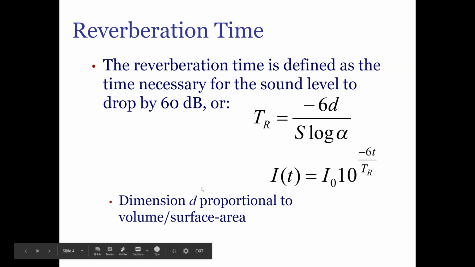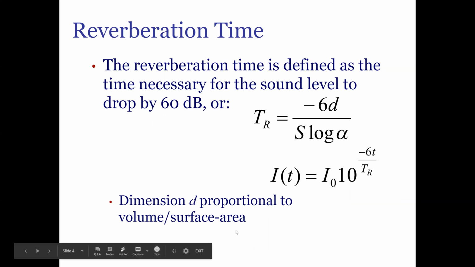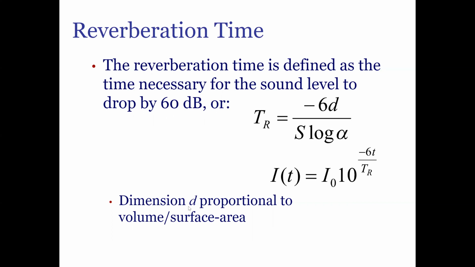What this means is we can look at the influence of our volume or surface area, trying to keep all these other things constant, but it's really this ratio that determines it. So if you could somehow keep the same surface area in a room, but increase the volume of the room, that would make the D larger and it would increase your reverb time.